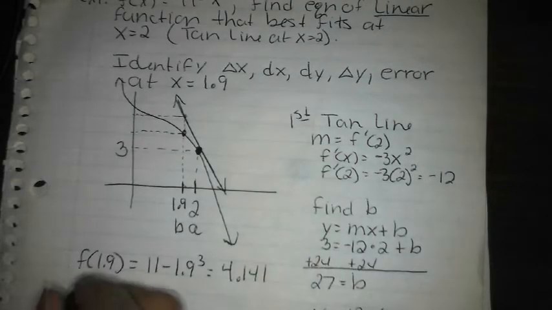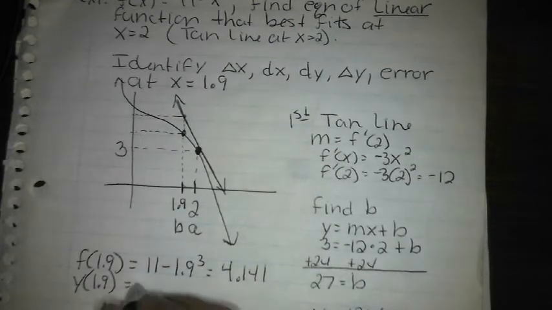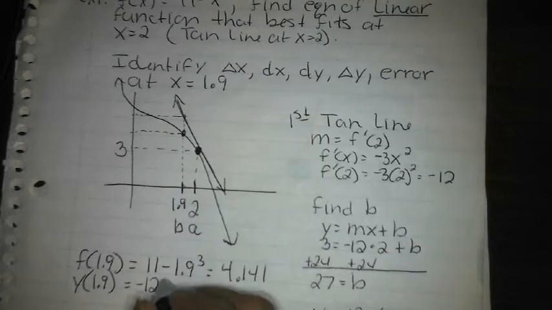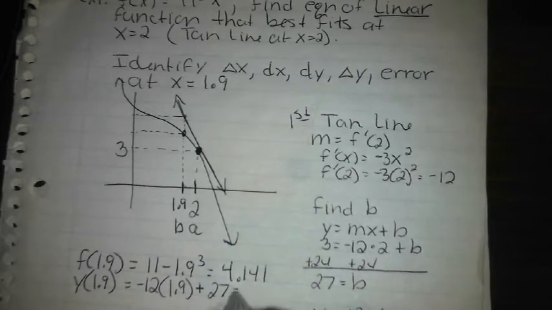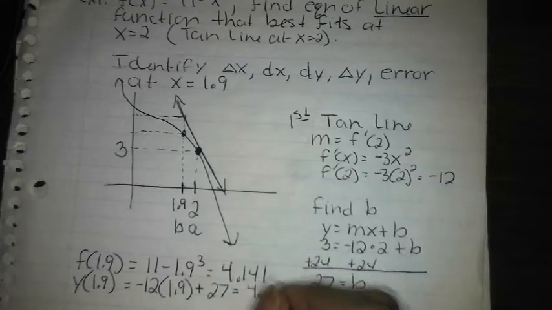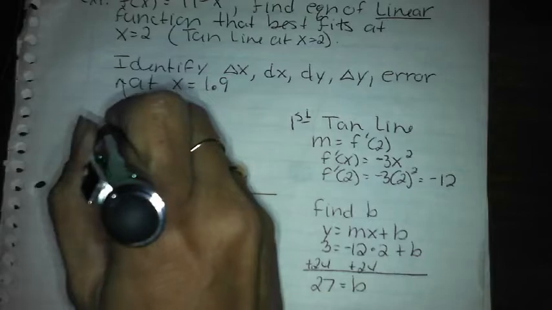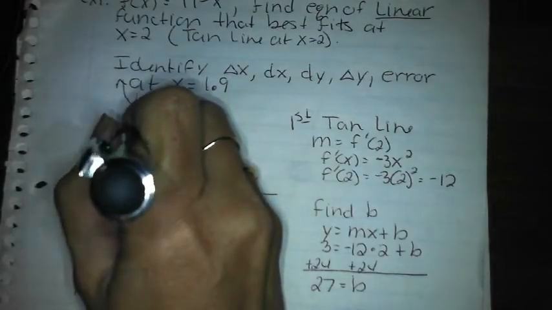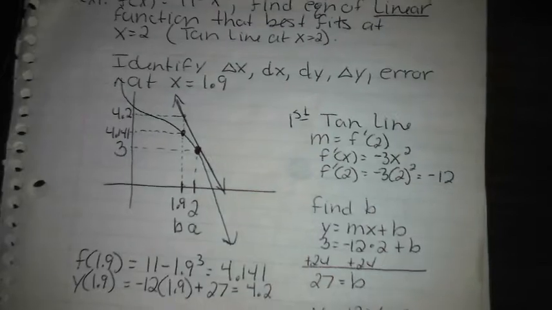And then y, the tangent line at 1.9, plugging that into negative 12 times 1.9 plus 27, I'm getting 4.2. So the first one is 4.141, and then we got a 4.2. All right, so that's everything we need.